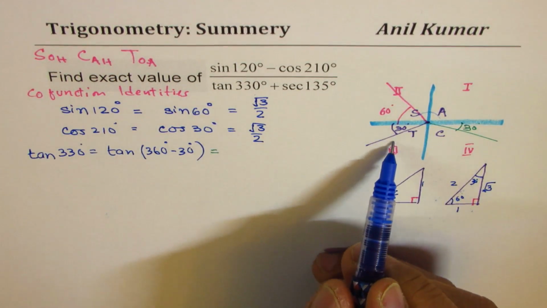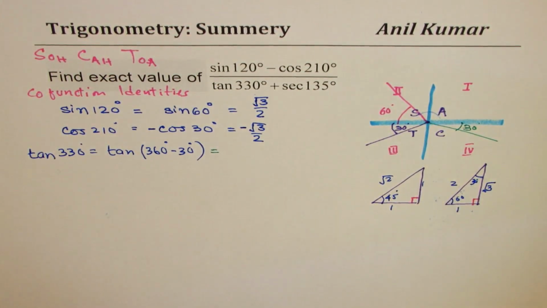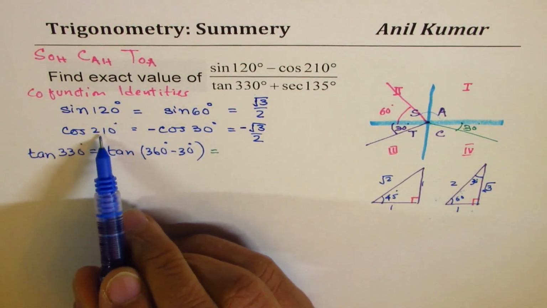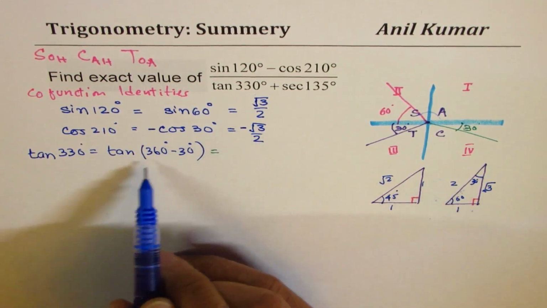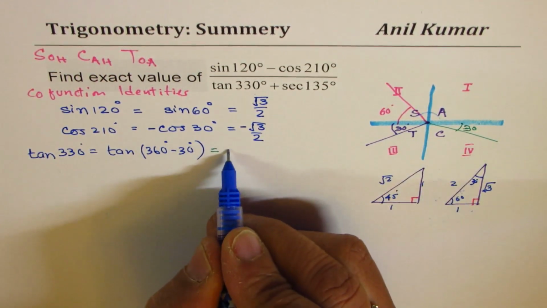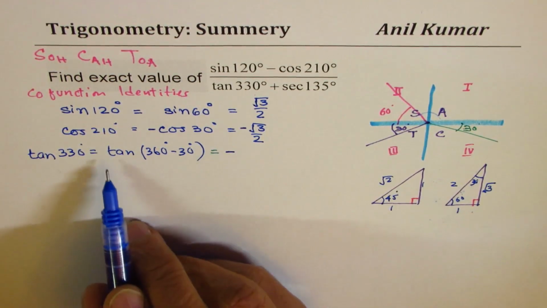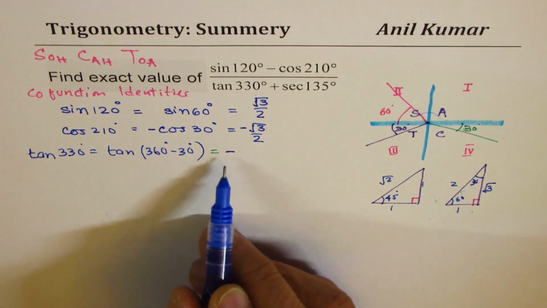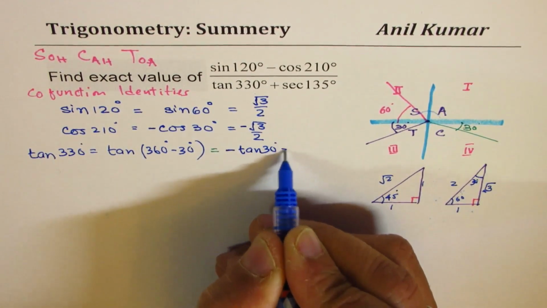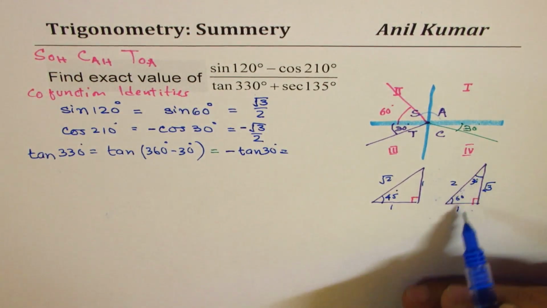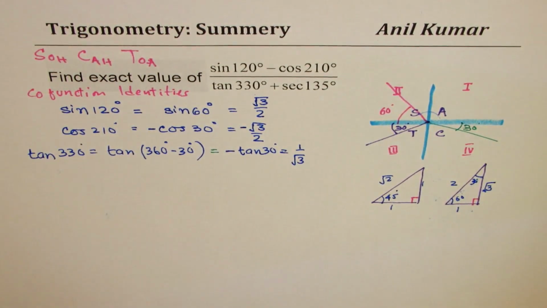I'm sorry, 210 was in quadrant 3, so this should be negative. Is it okay? Sorry for that. So 210 was in quadrant 3, therefore minus cos 30. Now here tan is negative, so I should write here a minus. Since you are in quadrant 4, tan has to be negative, so it will be negative of tan 30 degrees. Look at this special triangle, opposite over adjacent is 1 over square root 3. Is that clear to you?